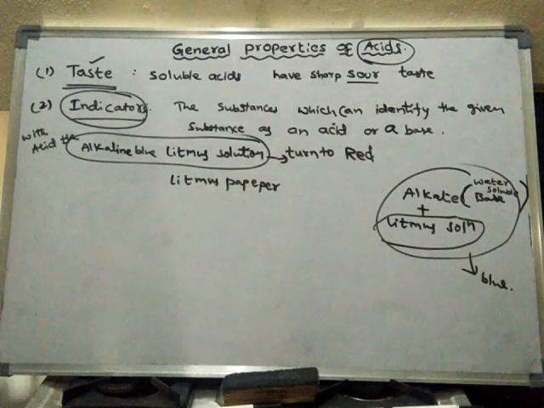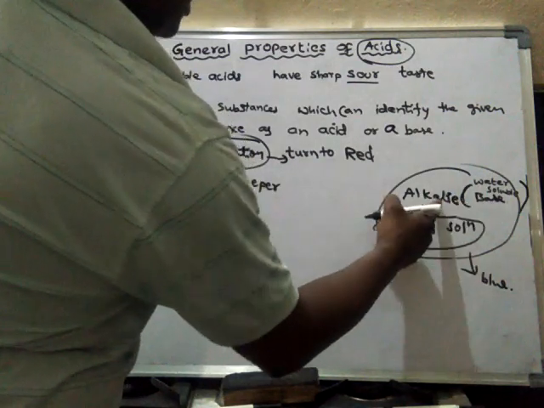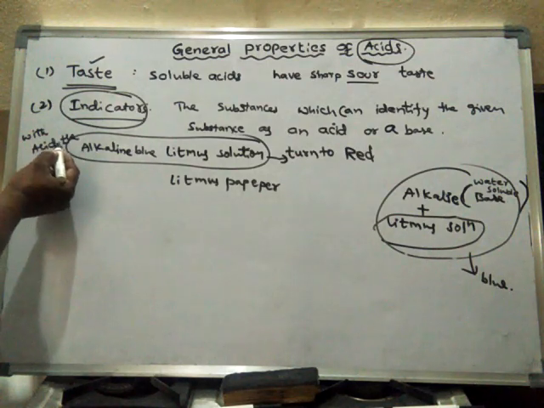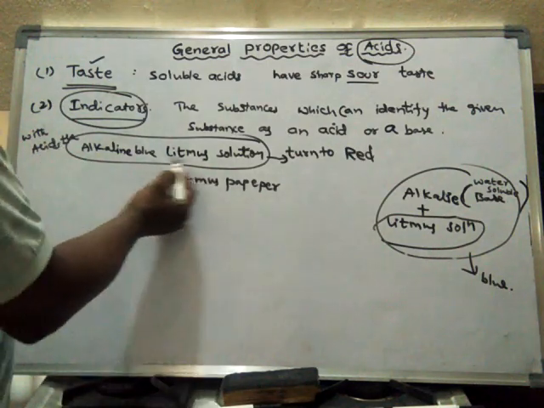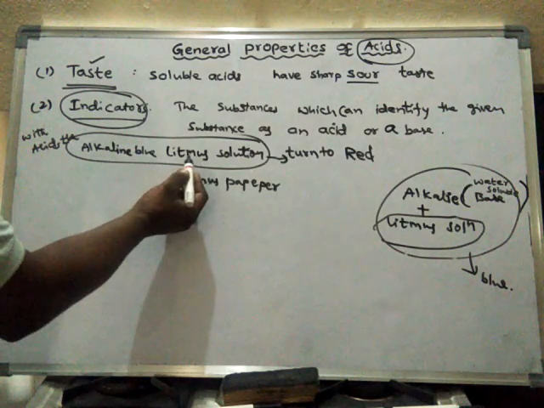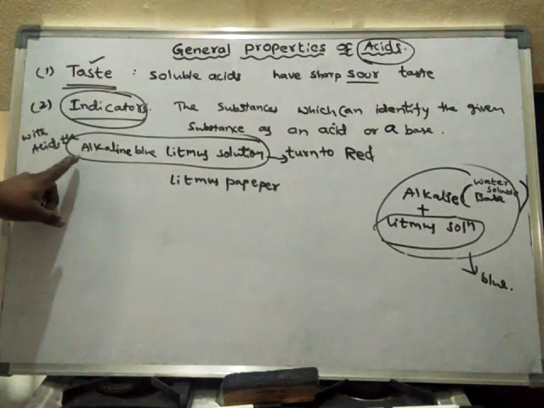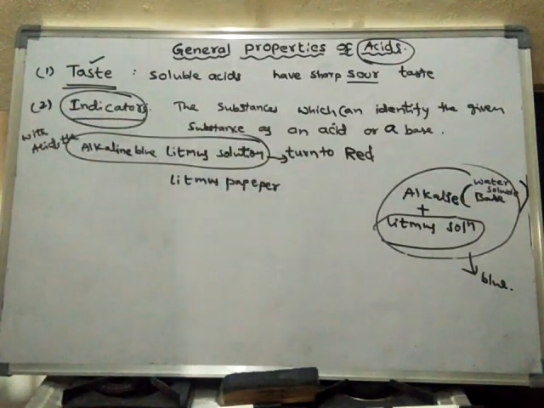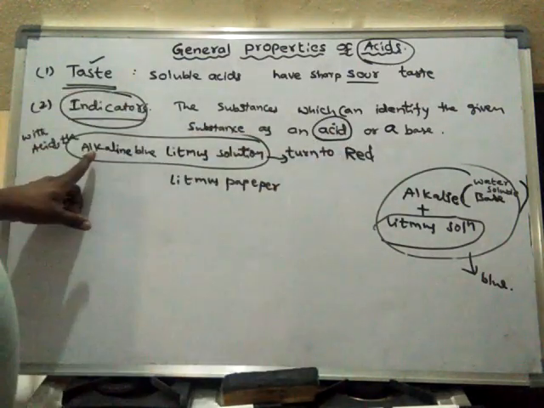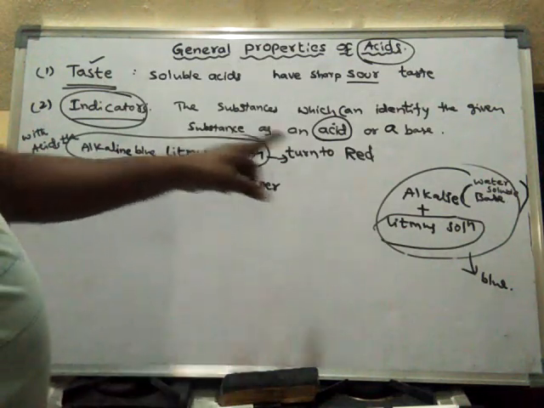If alkali is mixed, it is called alkaline blue litmus solution. So the alkaline blue litmus solution is an indicator to know whether the given substance is an acid or not. If the given substance is an acid, then when it is mixed with alkaline blue litmus solution, the solution will turn red.